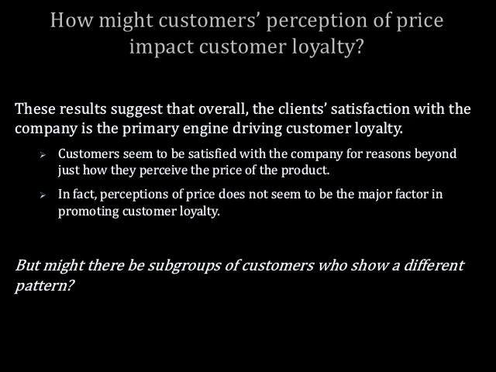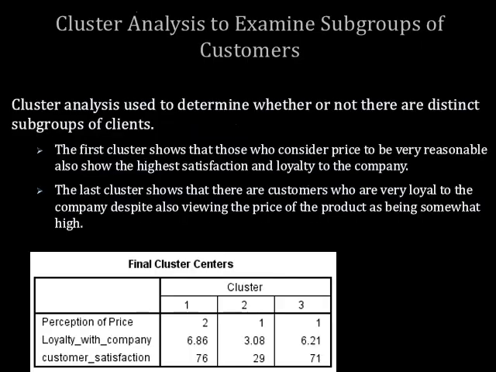Nevertheless, we still might want to dig deeper and understand if there is a subgroup of customers who show a different pattern. For this, we perform a cluster analysis statistical model to determine whether or not there are distinct subgroups of clients.